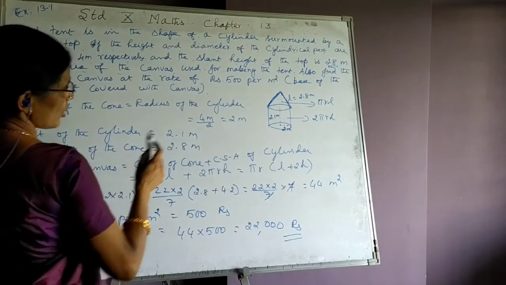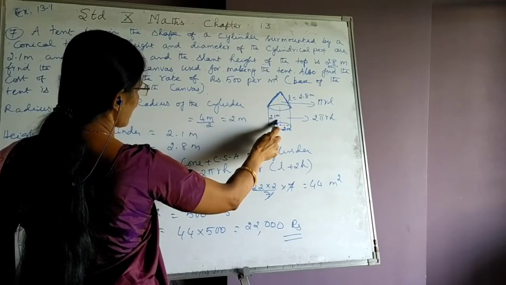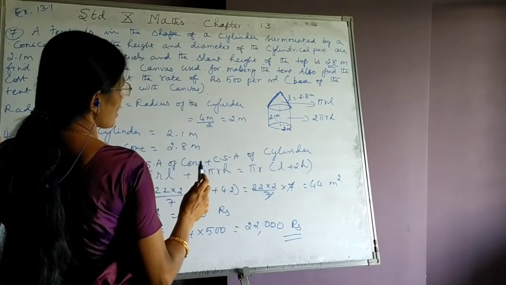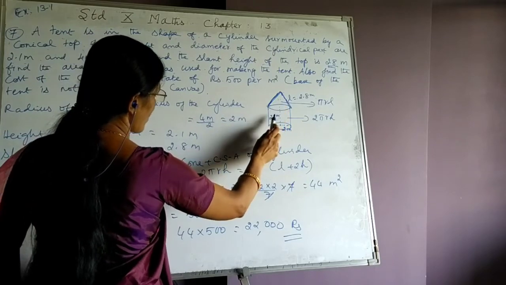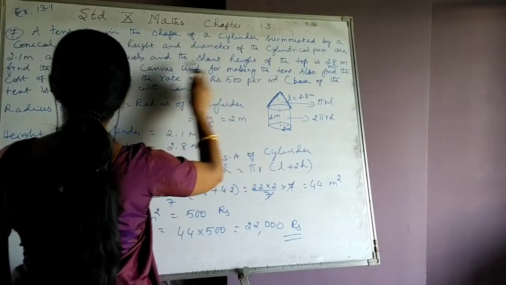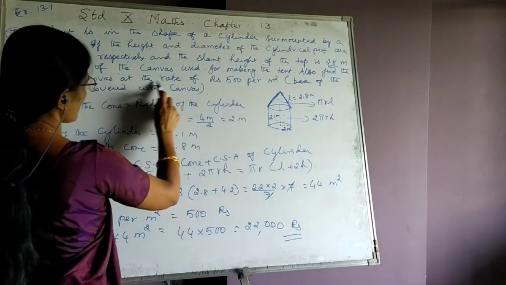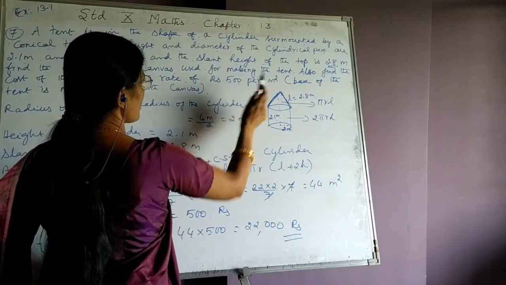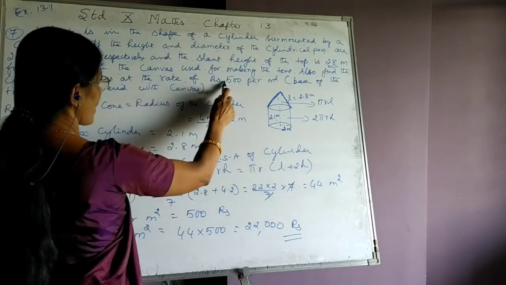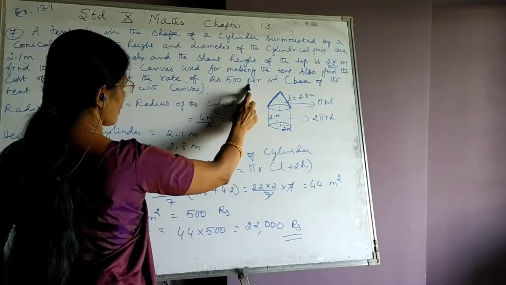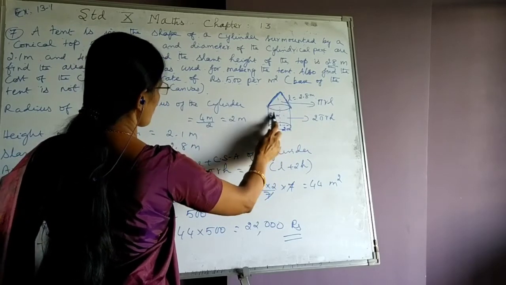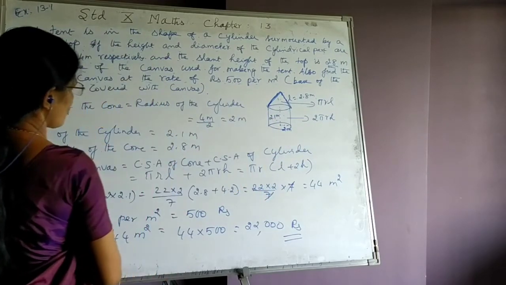The tent is the combination of a cone and a cylinder. If this tent is covered with the canvas, we are asked to find out the area of the canvas to cover the cylinder and the cone. Also find the cost of the canvas at the rate of rupees 500 per meter square. If the canvas is costing rupees 500 for 1 square meter, what is the cost of the canvas to cover this tent, that also we are asked to find out.